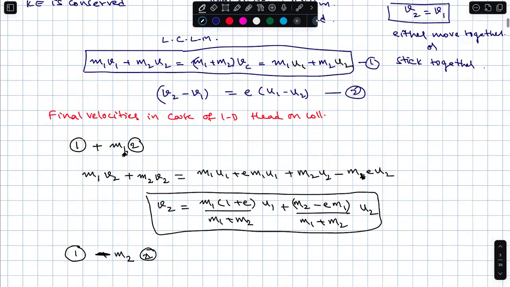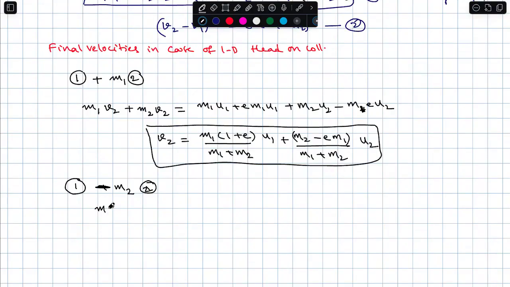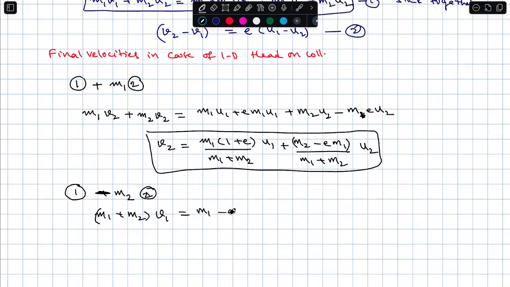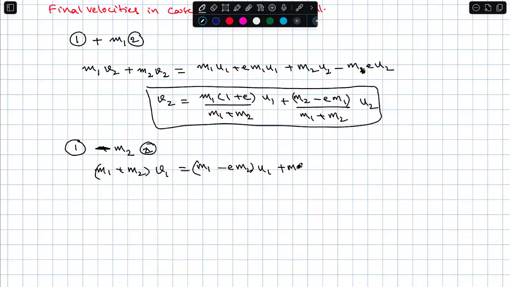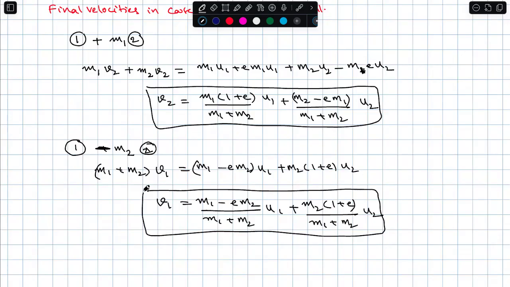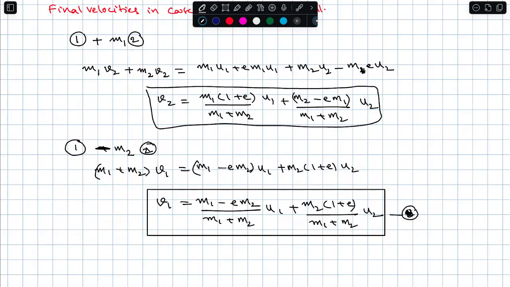By doing which you will get m1 plus m2 times v1 is equal to m1 minus e m2 times u1 plus m2 times (1 plus e) u2. You can call these equation 3 and equation 4.